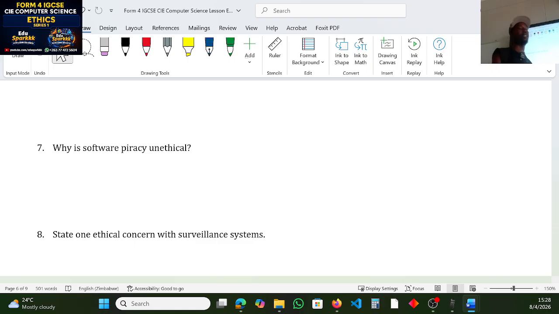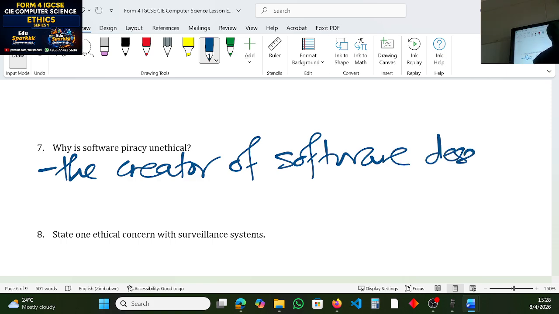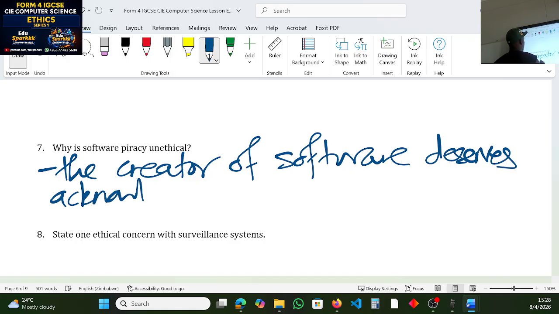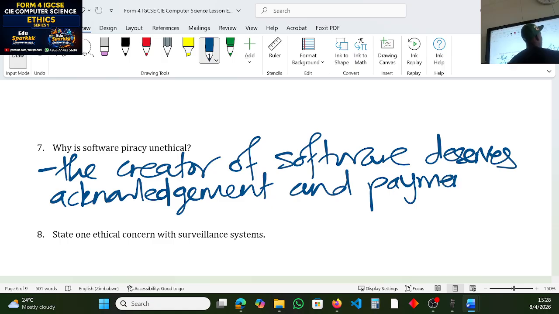Then why is software piracy unethical? Software piracy is unethical because there is no credit given to the owner of the information. So we can say the creator of software deserves acknowledgement and payment for their hard work.